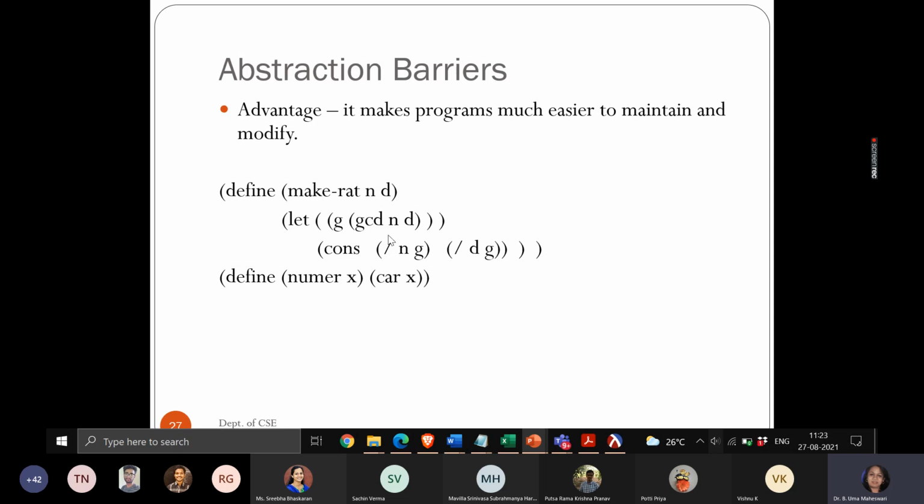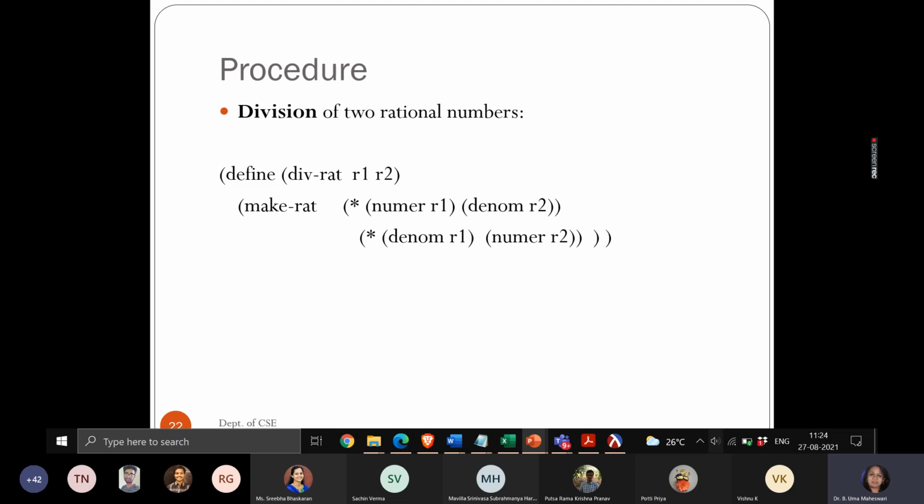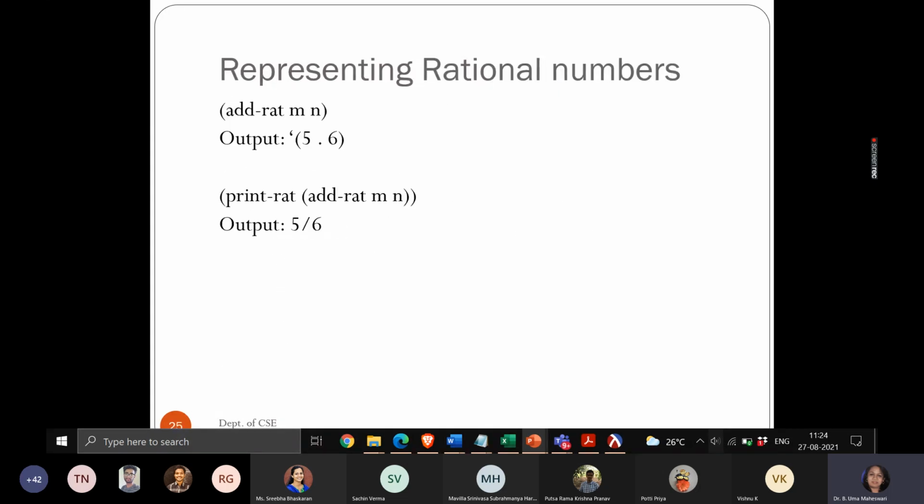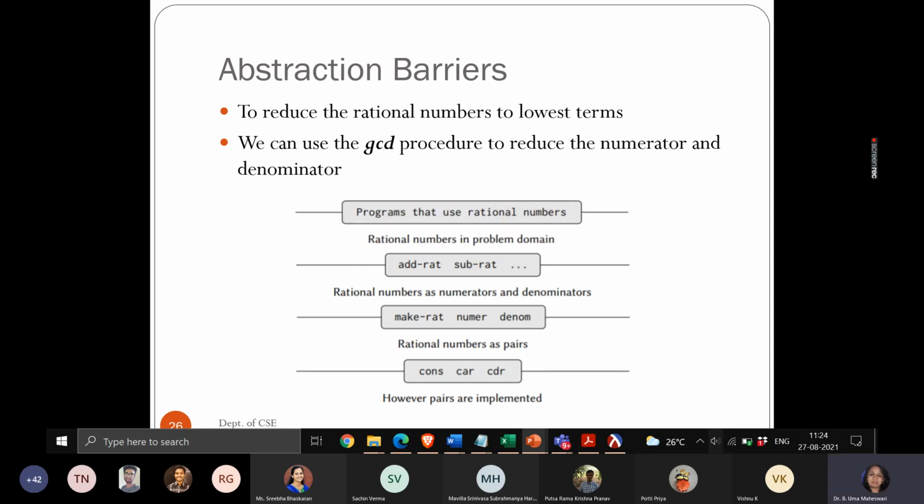Now the point to notice: you want to modify something. What you're doing is going to the lower level and modifying the procedure, and you are not modifying add-rat, subtract-rat, multiply-rat. If you look at the procedures as you have written them, in the lower level we have cons, car, and cdr.